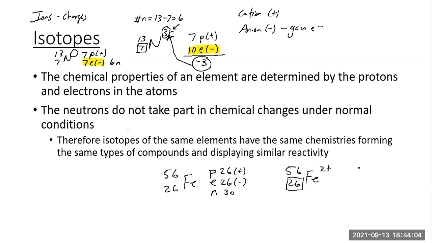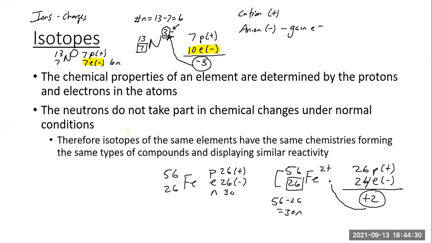It's still got to be 26 protons because it's still iron. Still has 56 minus 26, so 30 neutrons. But how many electrons does it have in this case? It now has 24 electrons. 26 positive charges, 24 negative charges, leaves me a +2 charge left over. And that is where the charge came from.